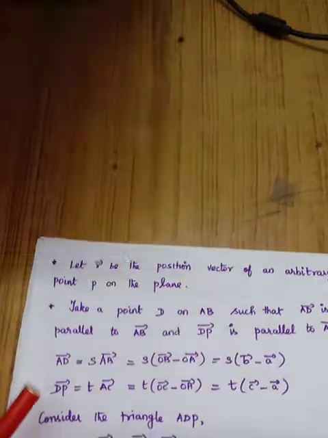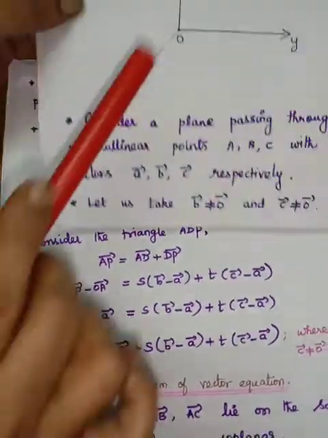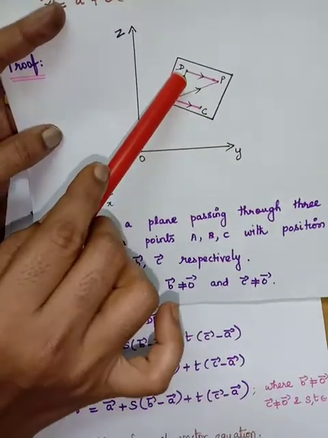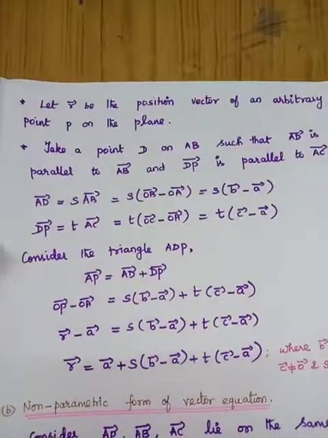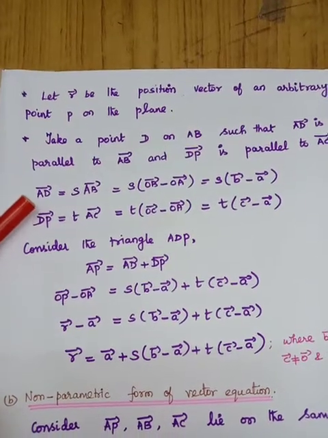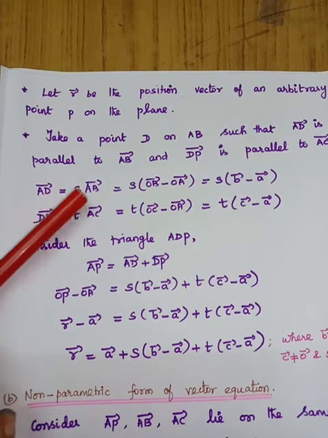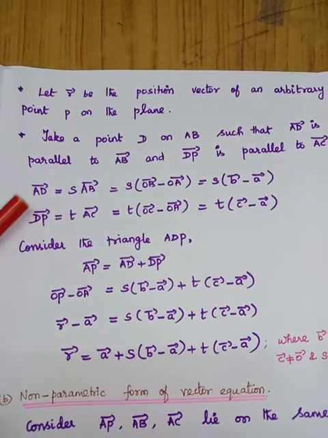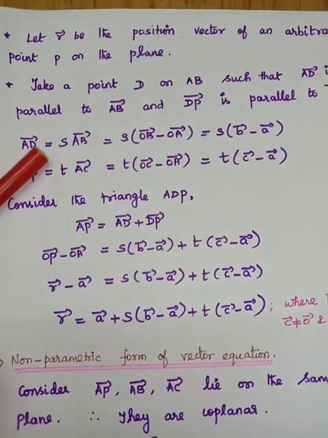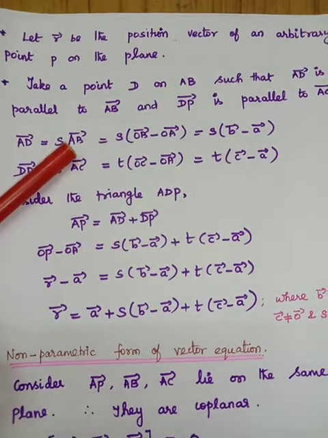Which vectors are parallel? AD vector and AB vector. When two vectors are parallel, we can write one vector as a scalar multiple of the other. So we can write AD vector equals s into AB vector.